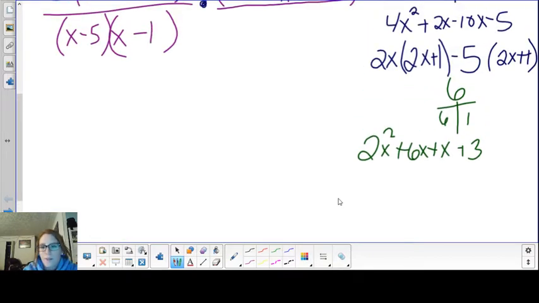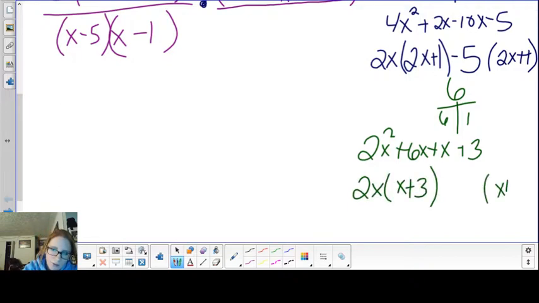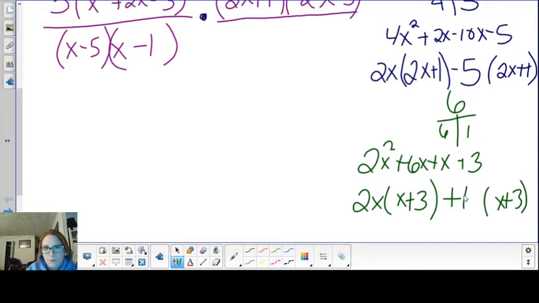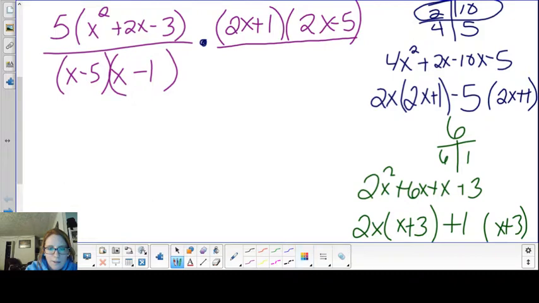So what divides out of this? I can take it out of 2x. I'm left with x plus 3. Leave a little space, write x plus 3. X divided by x is 1. So my second denominator is x plus 3 times 2x plus 1.